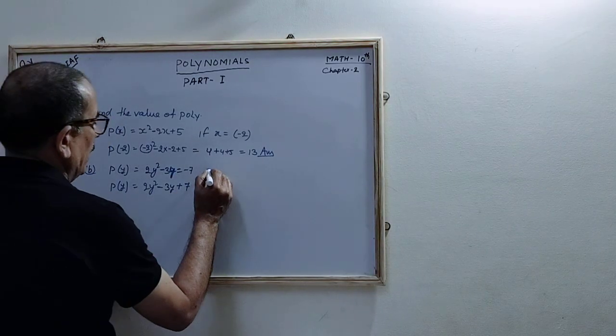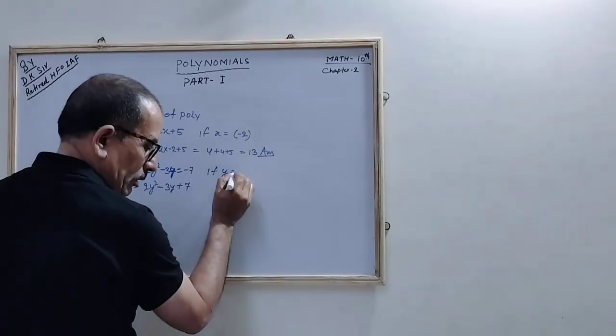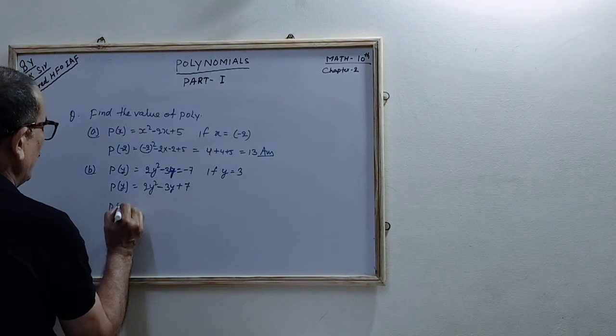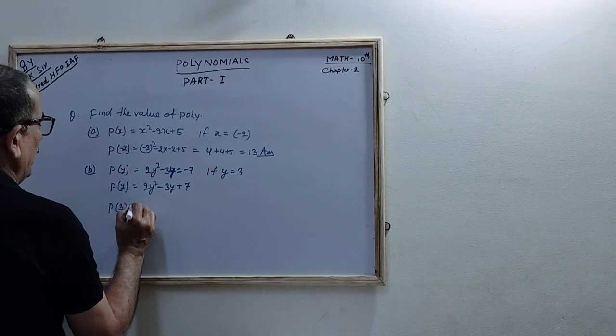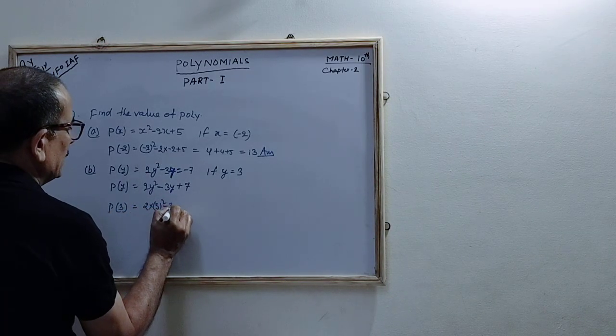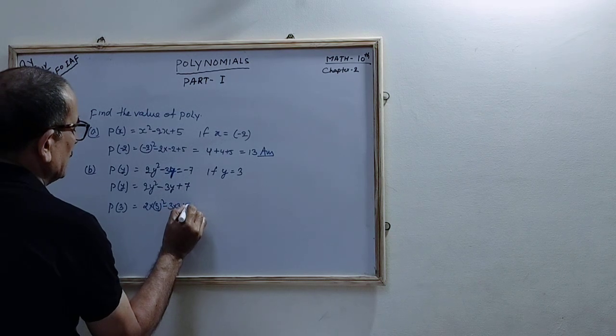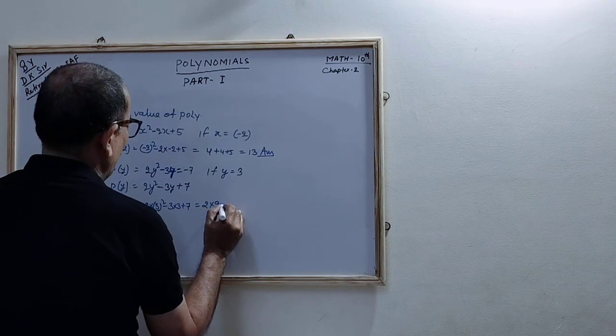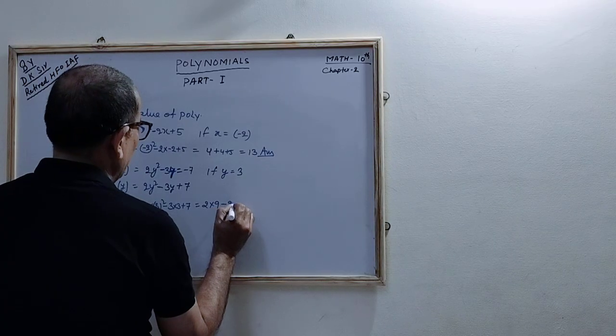Thereafter, if they ask if y is equal to 3, correct? So you put the value of y instead of y. So it becomes 2 into 3 square minus 3 into 3 plus 7. So it becomes 2 into 9 minus 9 plus 7.